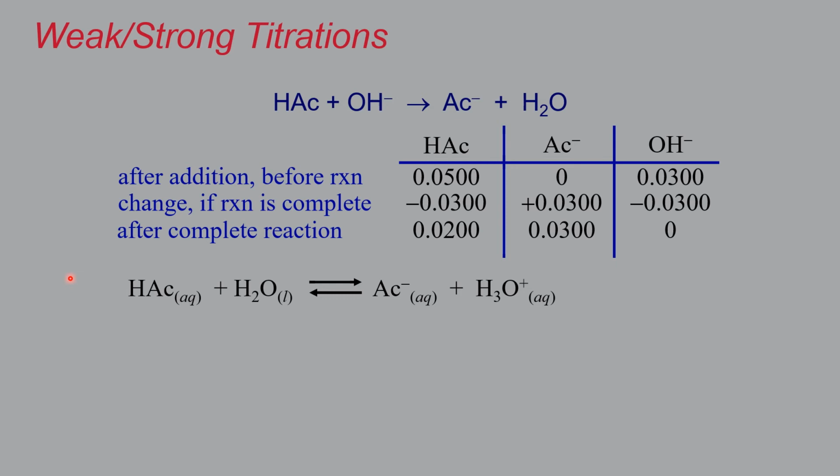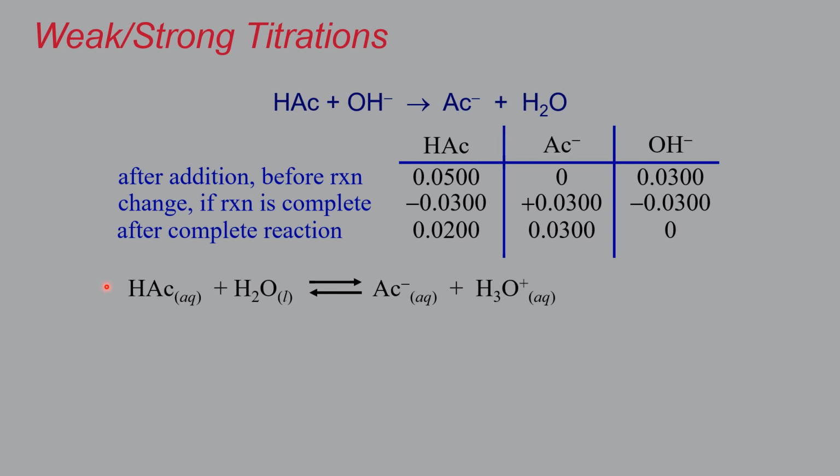Next, to determine the pH, again, this is the equilibrium that's going to tell you what the pH is, because this is the one that creates the hydronium, the reaction of the acetic acid with water. You can do this a couple of ways. You can do the full-on ICE table using these amounts, converting them to concentrations and working out the ICE table.